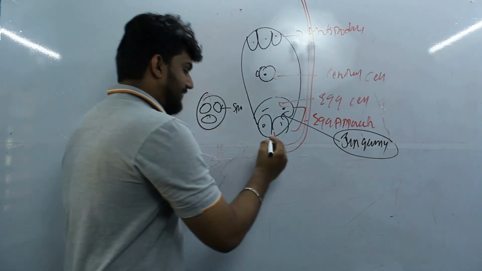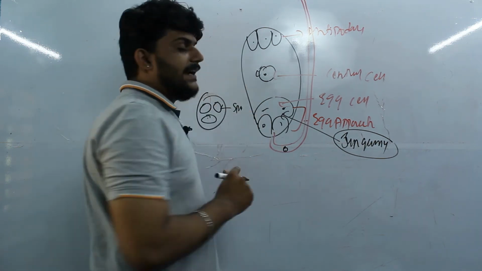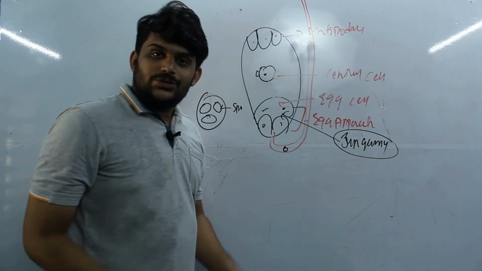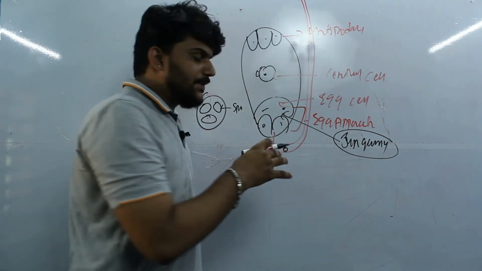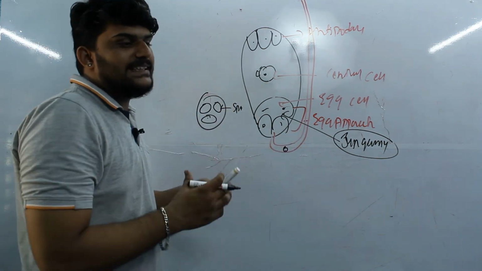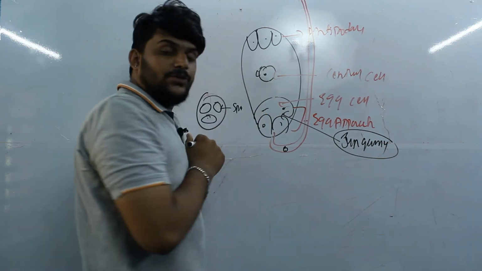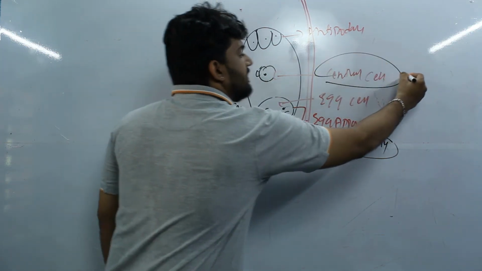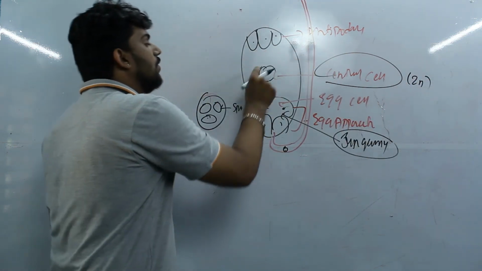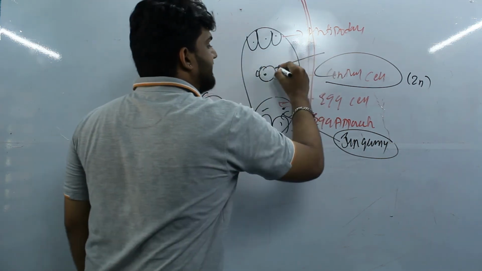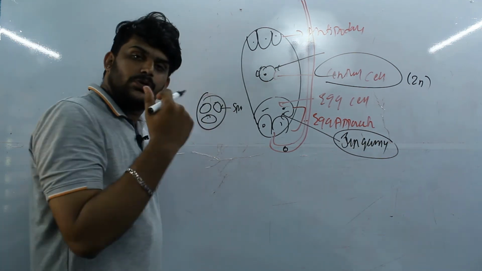Now only one sperm is left, and it also enters through the filiform apparatus. There is no place for it to fuse with the egg cell, because the egg cell has already been fertilized into a zygote. So it goes and fuses with the central cell, which is 2n, meaning it has two polar nuclei.